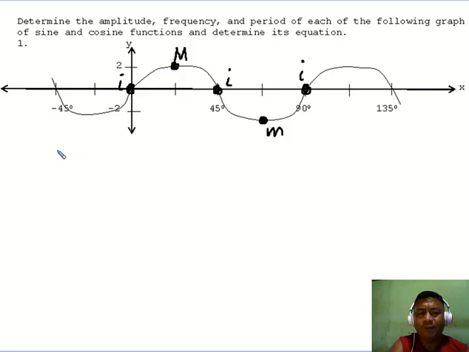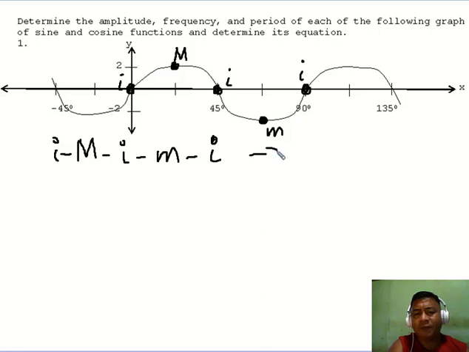If we recall the pattern in the graph of the sine function, we actually have I M I m I: the intercept I, the maximum point capital M, the intercept I, the small letter m, which is the minimum point, and the last intercept I. This pattern gives us the function y equals a sine bx.